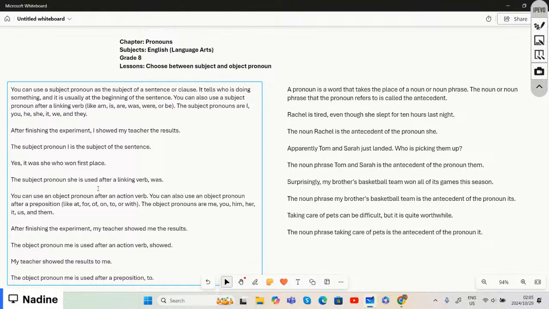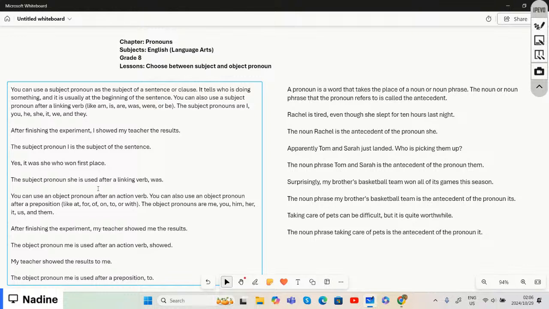All right. So when it comes to pronouns, and choosing between either a subject pronoun or an object pronoun, you can use a subject pronoun as a subject of a sentence or of a clause.